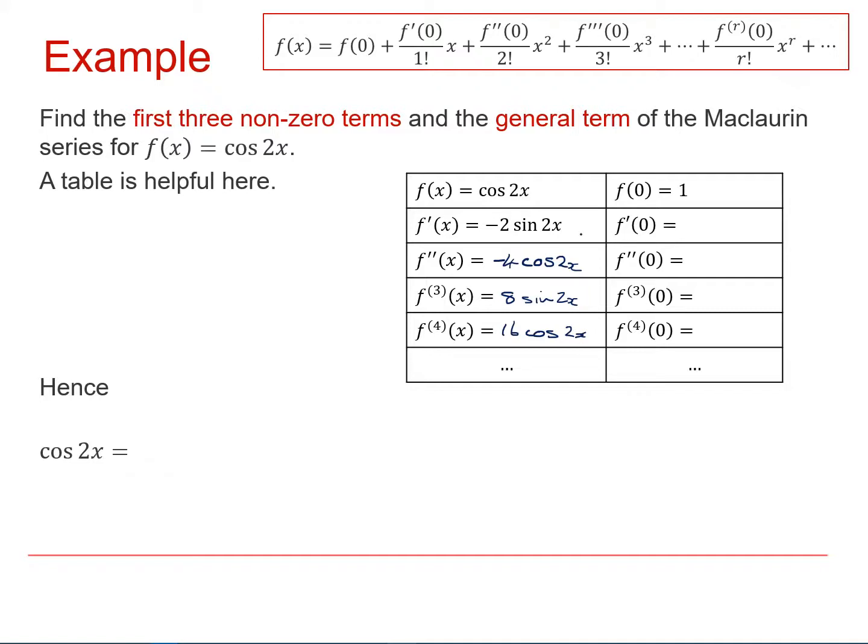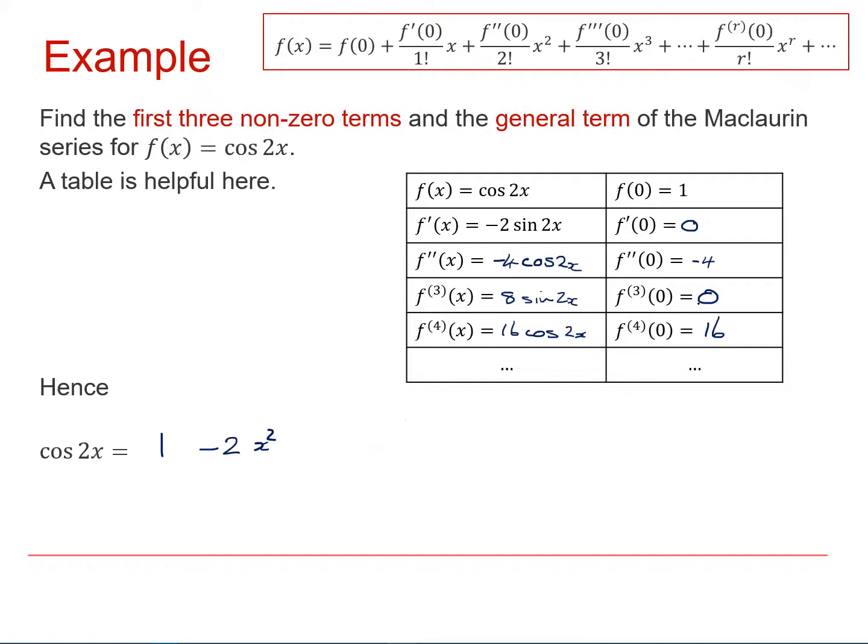Now let's have a look at these values when x equals 0. So f(0) you can see here is 1. Sine of 0 is just 0, so that's going to be 0, and indeed so is that one, because that's just sin 2x. Cos 0 is 1, so this becomes minus 4. Cos 0 is 1, so this becomes 16. And so the first three non-zero terms of cos 2x: well, f(0) is 1. f'(0) is 0, so I can ignore that one. So the next term is going to be in x squared, and its coefficient is going to be minus 4 over 2, so it's going to be minus 2x squared.